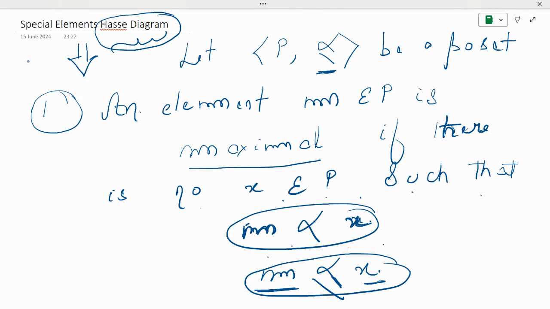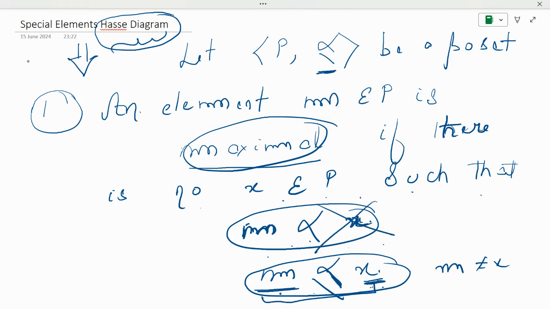So what does it say? M has an associativity with element X means that M and X are in a partially ordered relation, and M is not equal to X. This is called the maximal element because there is no such X; this condition is not satisfied.